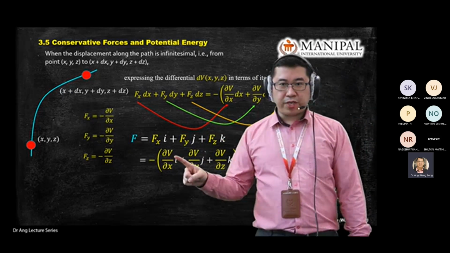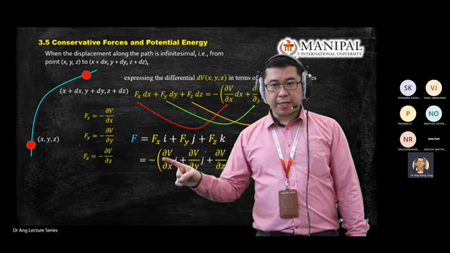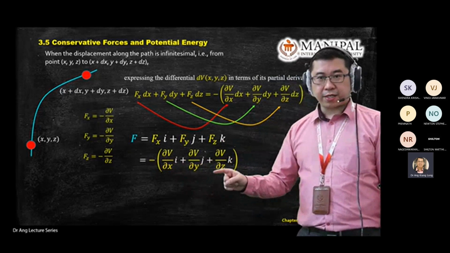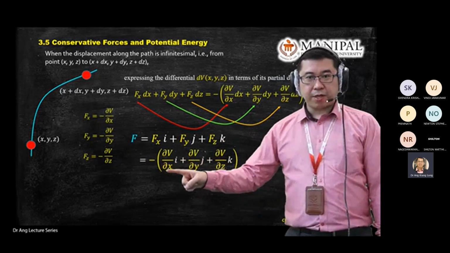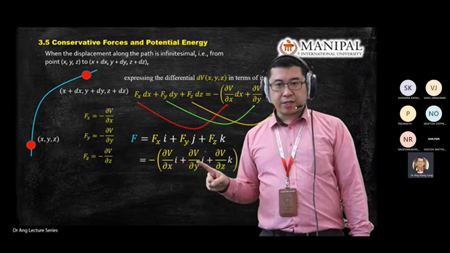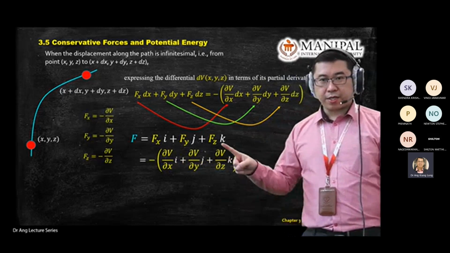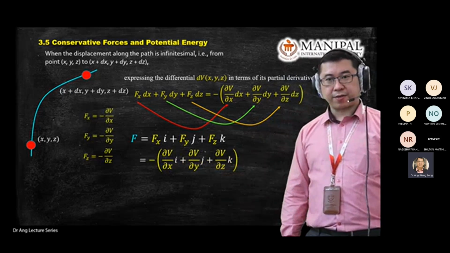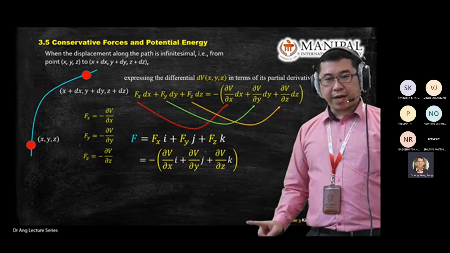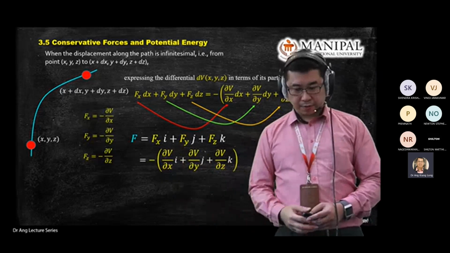Del V is energy in each respective direction: the change of potential energy in x direction, in y direction, in z direction. So basically you can define the force in terms of energy, but with the negative sign.